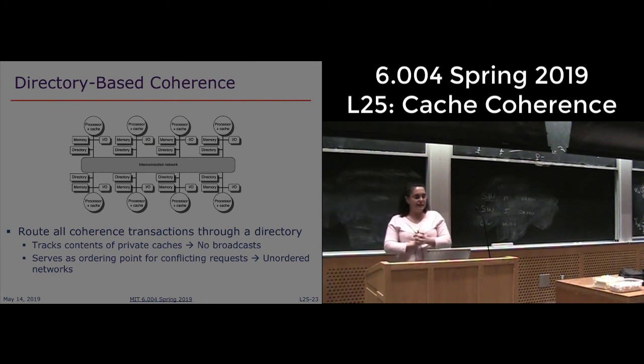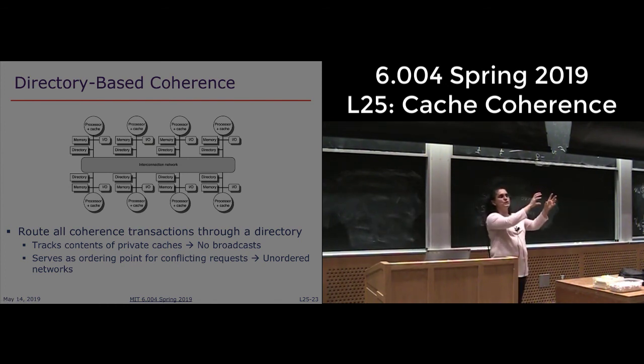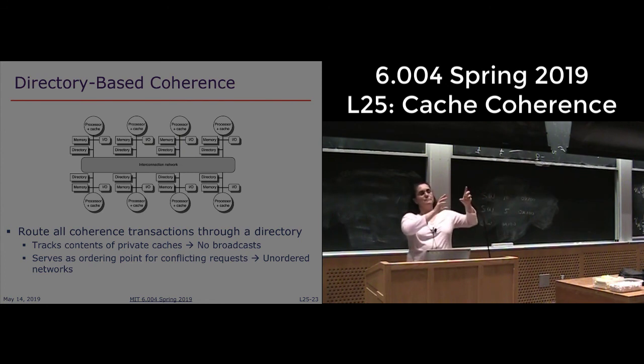Okay, so back to directory-based. What's going on here? Essentially, we divide up our memory into chunks, where each processor is responsible for one portion of the memory, and it's also responsible for keeping a directory with all the information about that portion of the memory.